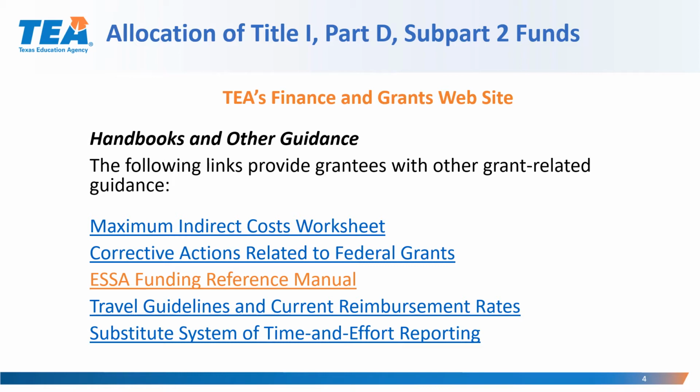Title I Part D Subpart 2 funds are calculated for those LEAs and charters serving 10 or more delinquent students at residential facilities for neglected and delinquent children.